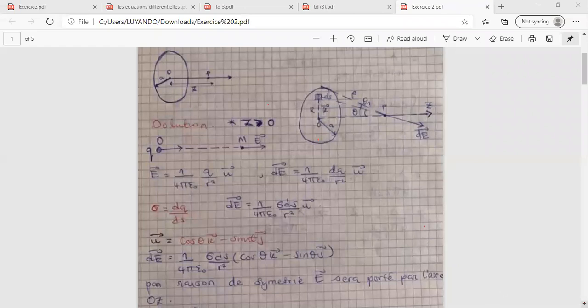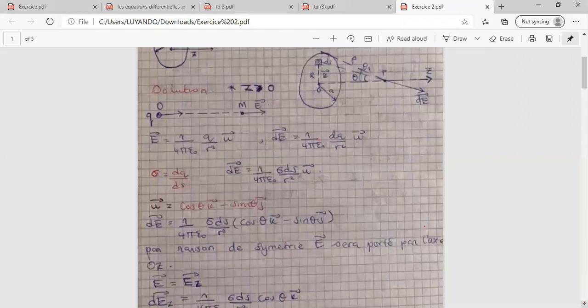And then what is the Z representing? The Z is the distance from the origin of the disk to the point charge.